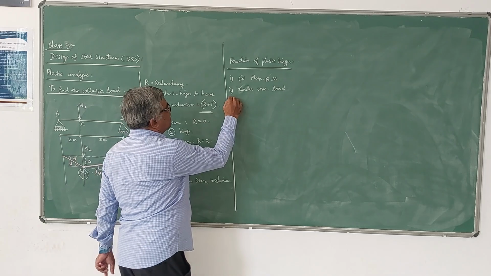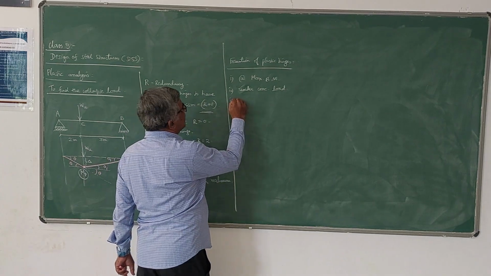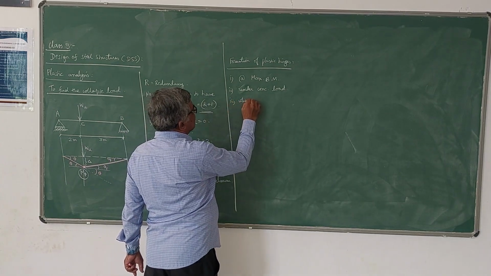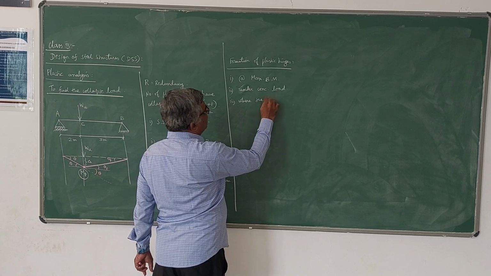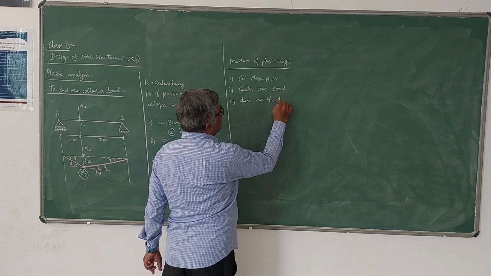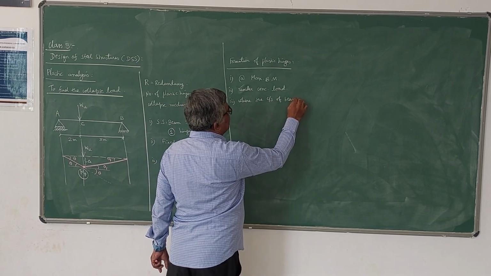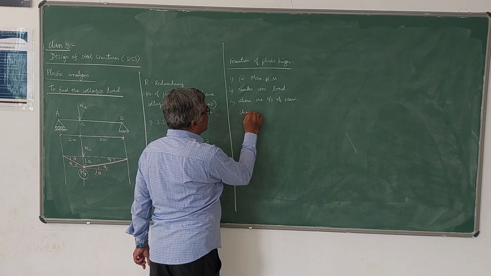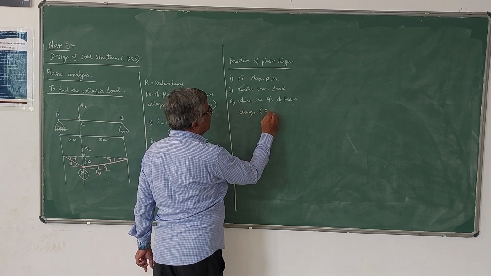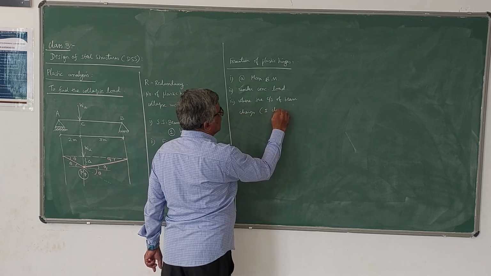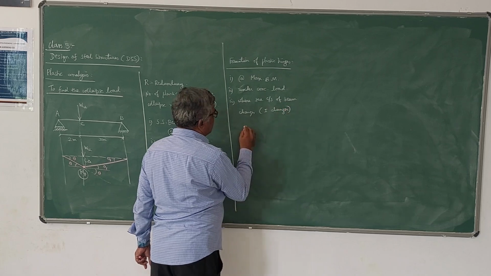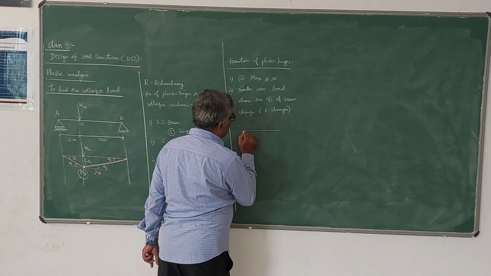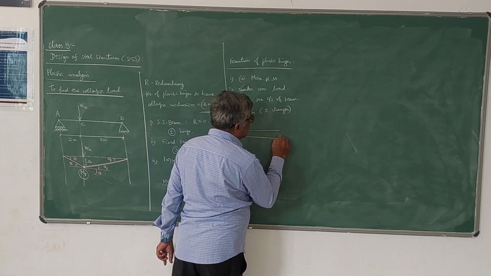Then a plastic hinge may form at the point where the cross section of the beam changes. Cross section changing means the value of moment of inertia changes. Sometimes you may have a beam something like this.